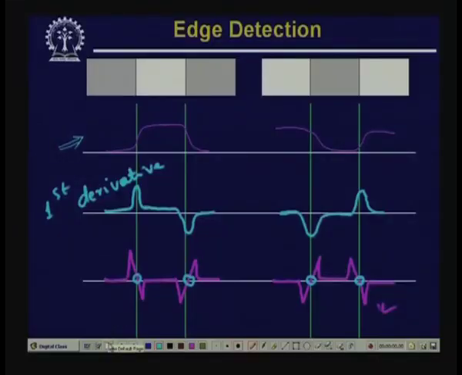So, it clearly says that we have seen earlier that the derivative operators are used for image enhancement to enhance the details present in the image. Now, we see that these derivative operations can be used for detection of edges present in the image. Now, how to apply these derivative operations?